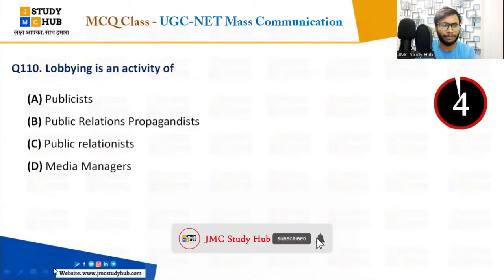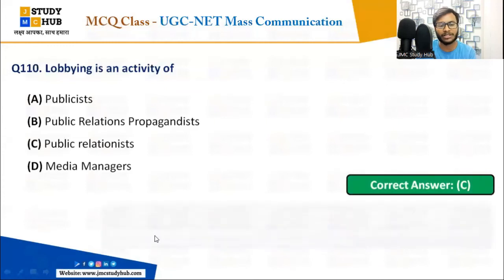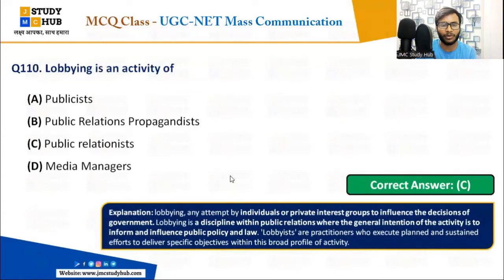Here the confusing ones are B and C. So do not get confused. Give the right answer here. Very important. Lobbying is an activity of... Very good. Marvelous answers that everybody has given. The answer here is public relationist. Okay.